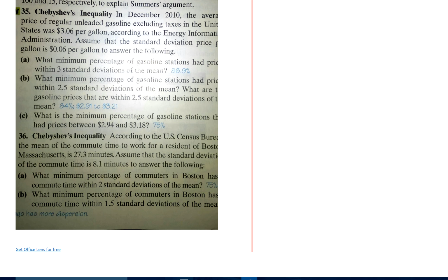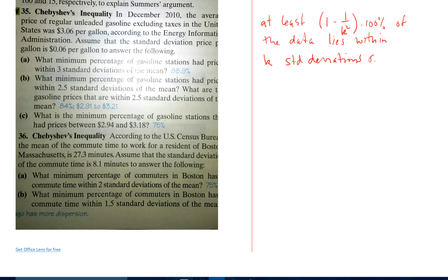Okay, last problem, 35. Chebyshev's inequality. And that says that at least, what is it? 1 minus 1 over k squared times 100% of the data lies within k standard deviations of the mean for any distribution.